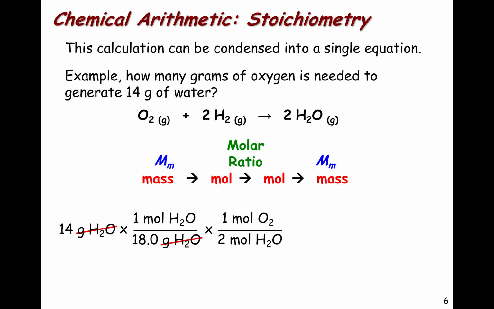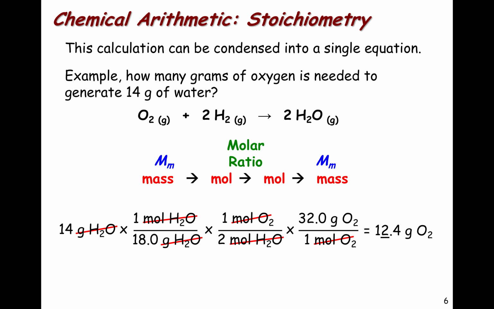We then multiply by the molar ratio in the balanced chemical reaction, which is 2 waters for every 1 O2. The moles of water would cancel. And then our final step, where we use the molar mass of O2, the moles of the O2 will cancel. And at this stage, we have arrived at the goal of the question, which is how many grams of O2.